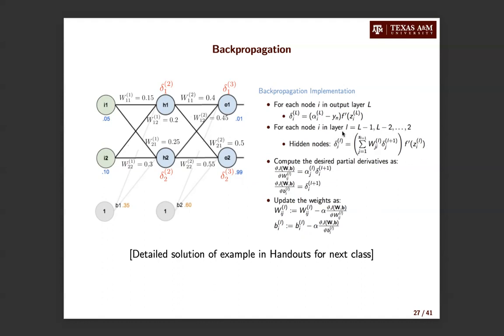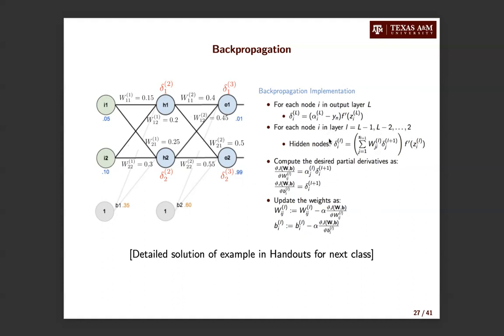So the error on the previous hidden layer, these deltas here, are a linear combination of the errors at the output layer multiplied by the learned weights, and here multiplied also by the first order derivative of the activation function.